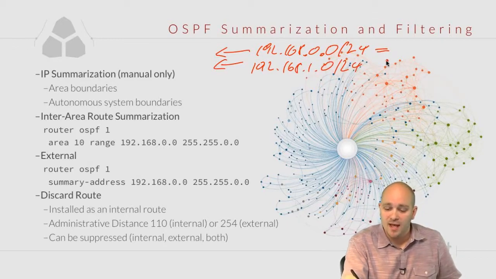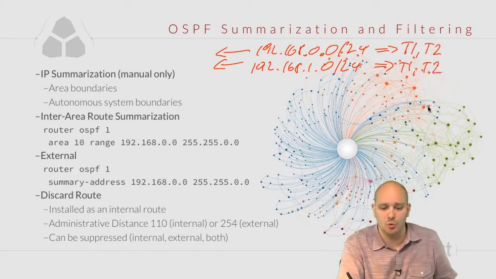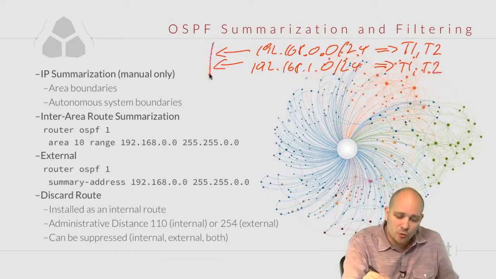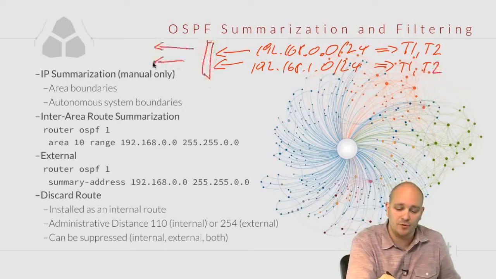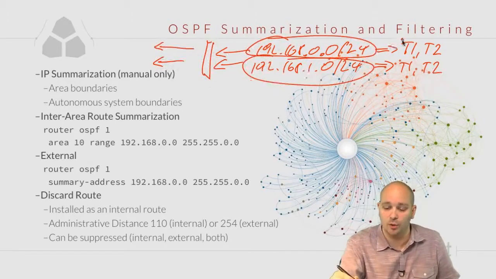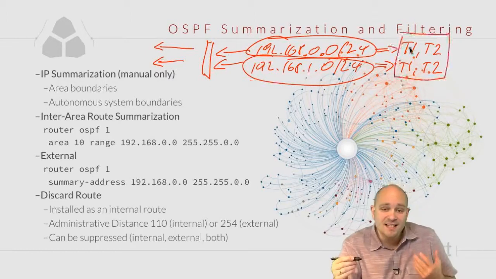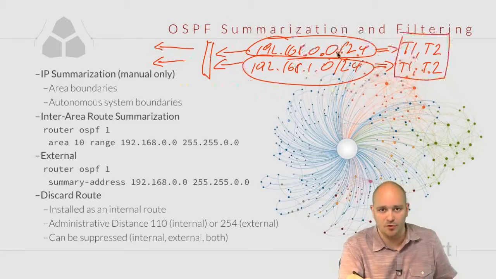This would be arriving as a set of its own type 1 and type 2 LSAs, and this would be arriving as a set of type 1 and type 2 LSAs. Now, what is going to be generated here at the ABR will be two type 3 LSAs, one for this network and the other for this network. What we are summarizing is the information in the LSAs here, but we are not necessarily performing an IP summarization.